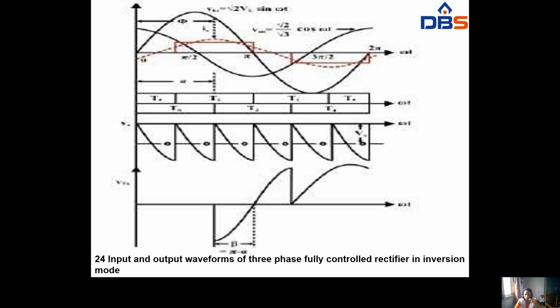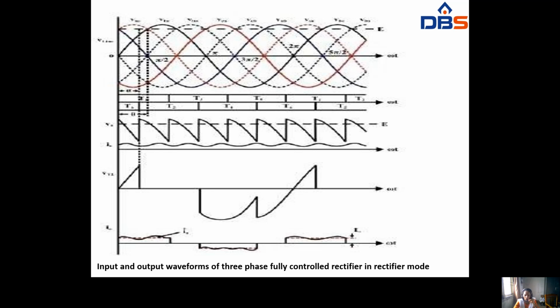So in the inversion mode the output voltage will be like this. This is the output voltage, this is the conduction mode, and this is the inversion mode. So these are the input and output waveforms of a three-phase full control rectifier in rectification mode. Here we have VAB, VBA and VCA output voltages, and T1, T3, T5 and T2, T4, T6 will be the conduction table.